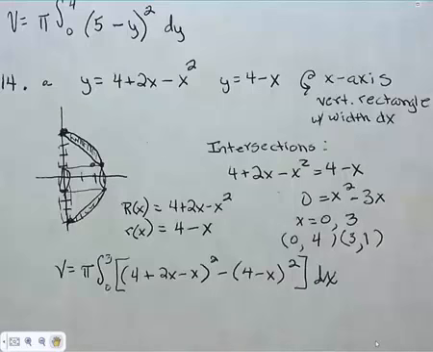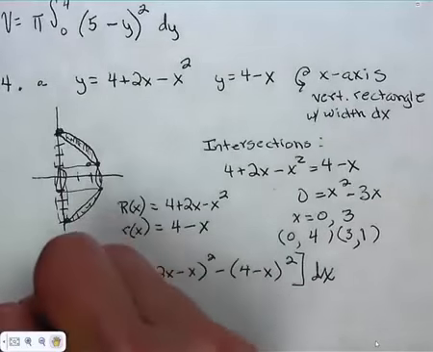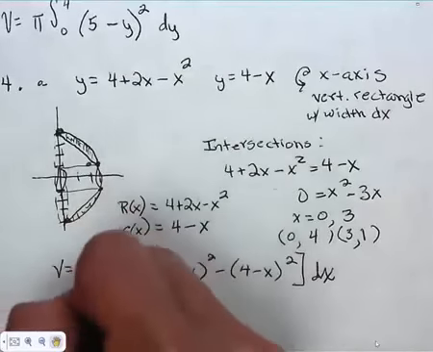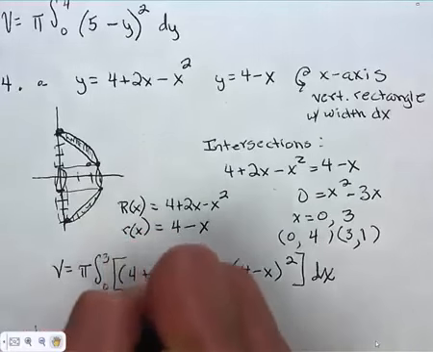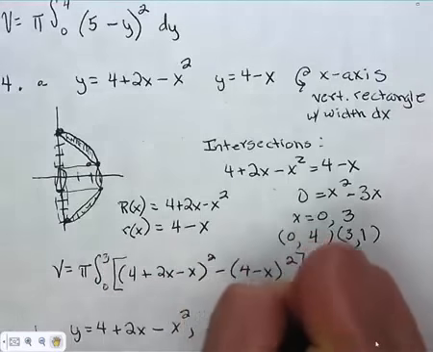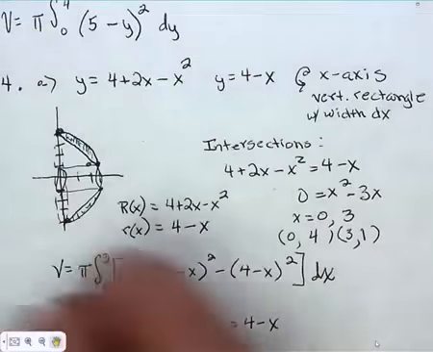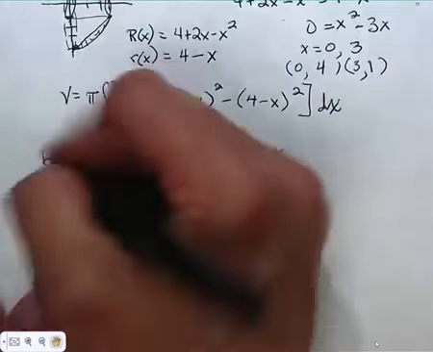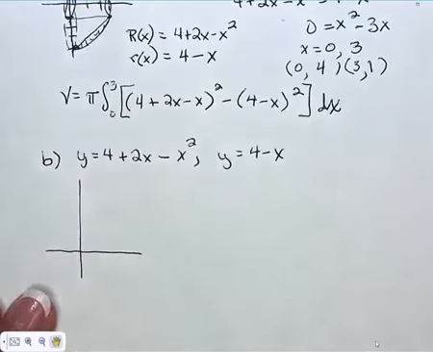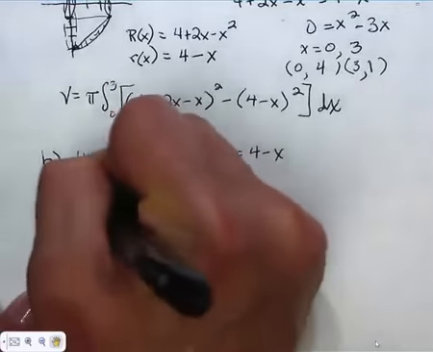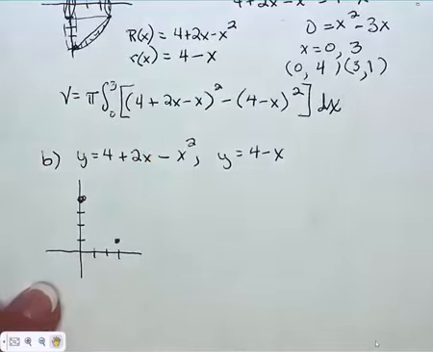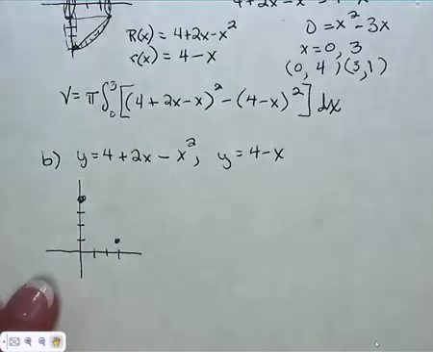How is the B part different? We have the same piece of parabola and piece of line that intersect at 0, 4 and 3, 1.